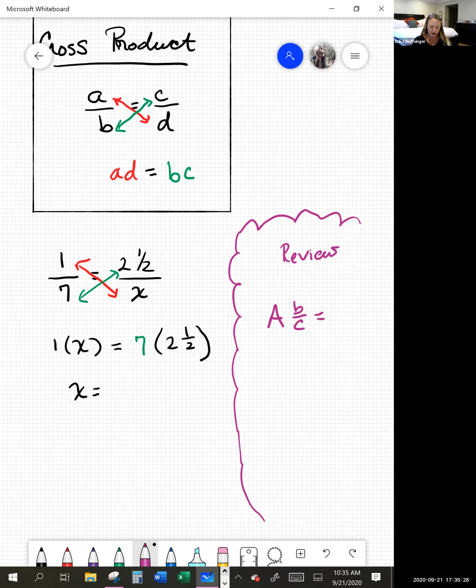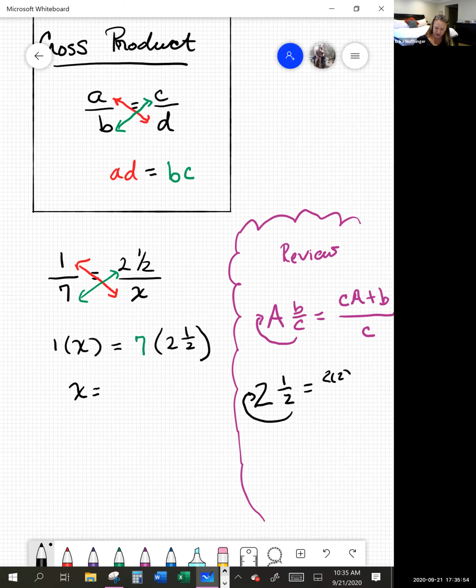You take your denominator, which is C, multiply it by the whole number, which is A, and add it to the numerator. And put that all over the original denominator. So if I do this for my 2.5, 2 times 2 is 4, plus my numerator, which is 1, all over 2. So this is the same thing as 4 plus 1, which is 5 over 2.